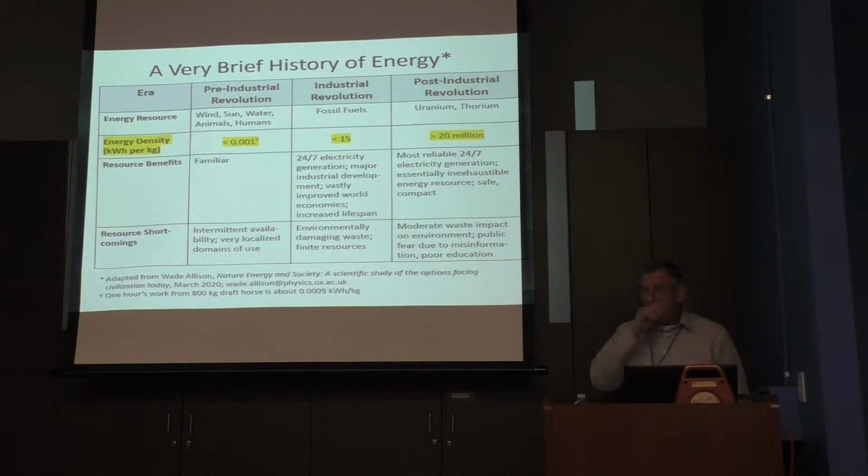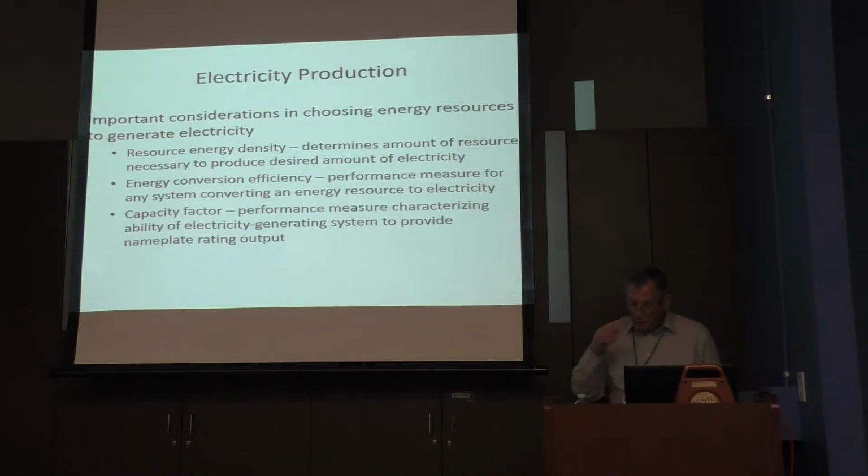So, as I said, we're going to look primarily at energy resources used to generate electricity. And there are three important considerations in choosing energy resources to generate electricity. One being, of course, the energy density, which determines the actual amount of the resources necessary to produce a desired amount of electricity.